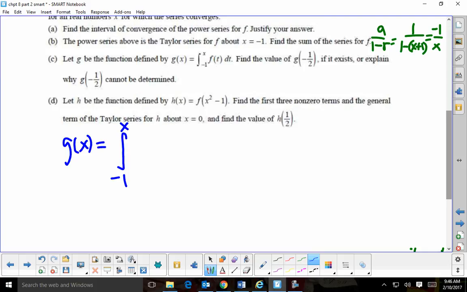I found f. What's f of x? Negative 1 over s. We just found this for f, right? So here, that would be negative 1 over t dt.